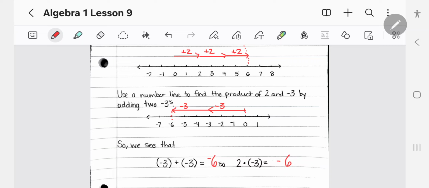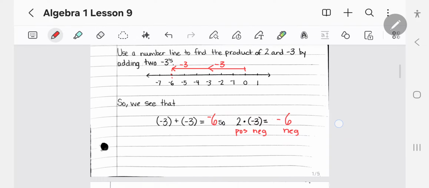So if you're multiplying and you don't know exactly if the answer is going to be positive or negative, in this situation where you've got a positive number times a negative number, you can see you're going to end up with a negative number. And you can look at the number line and be able to tell why that is.